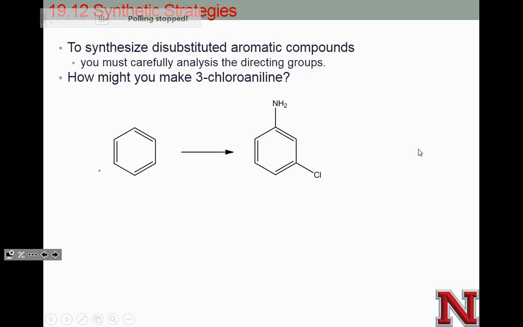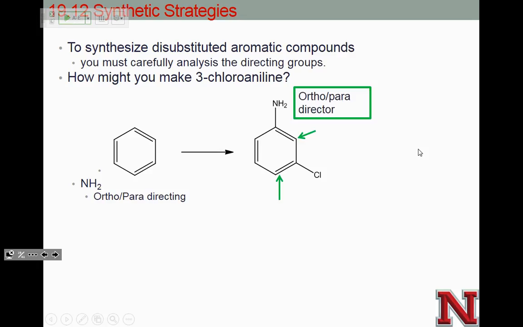So let's look at this example. When we look at this case, we have NH2, and remember there's no way to directly add NH2. We're going to have to go through nitration, then reduction, and chlorine. So the question is, if we add NH2, NH2 is an ortho-para director, so chlorine is not in the ortho-para position.